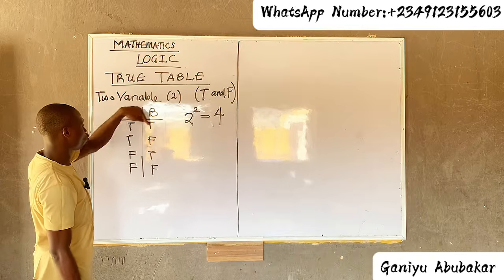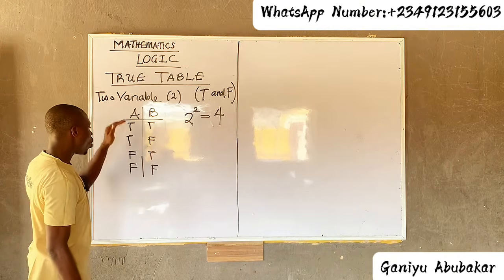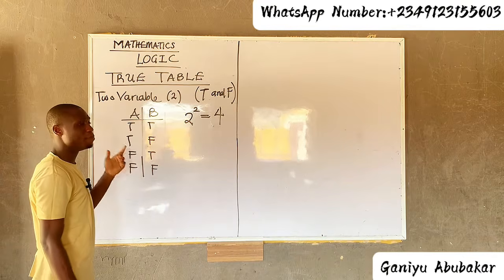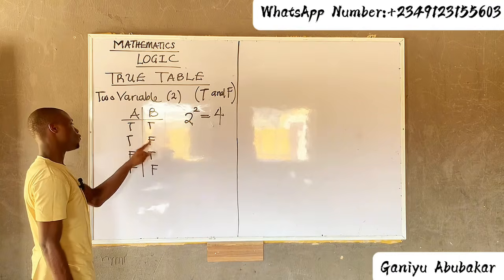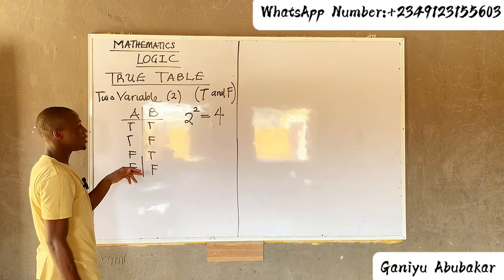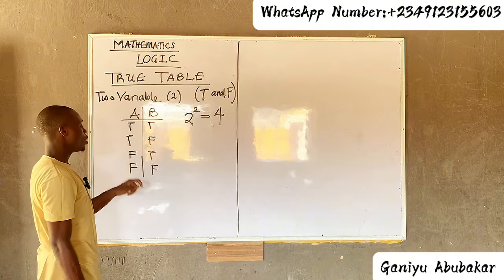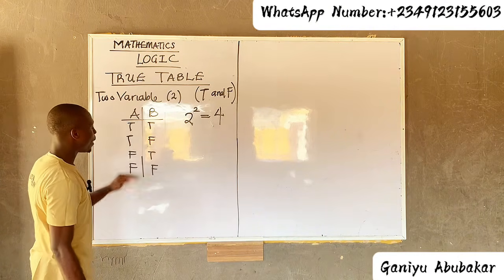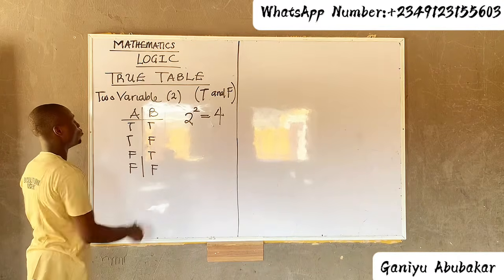So I started with true, true. Next up true, false, then false, true, and false, false. Observe this arrangement. There's no repeated one there. By the way, of course, I'm having false, true and true, false. They are similar, but not the way I arrange this. That's the way I arrange this. This one, true came before false. False came before true. So this arrangement here is for only two variables, right?